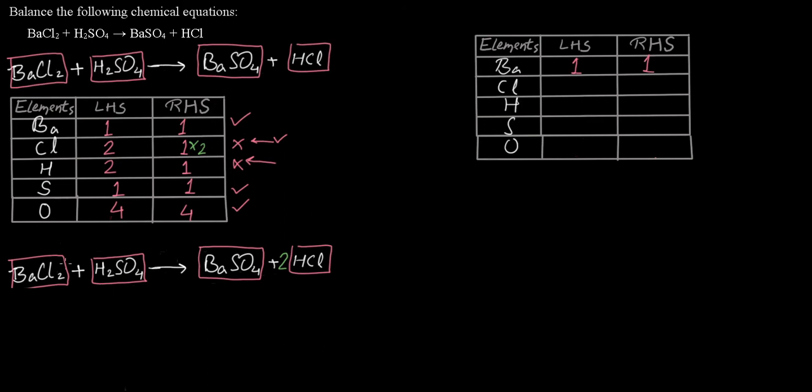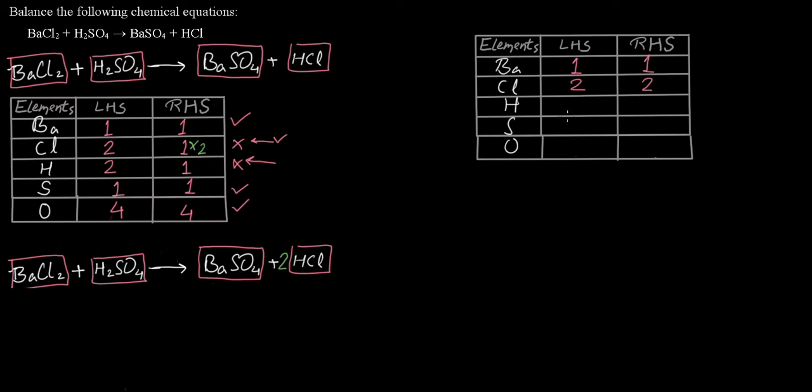Now for chlorine, we have Cl2, that is 2 of chlorine on the LHS, and on the right hand side we have Cl, chlorine taken twice, since we have multiplied the molecule by 2. So on both sides we have 2 of chlorine. So we'll write it in our table, 2 on LHS and 2 on RHS.